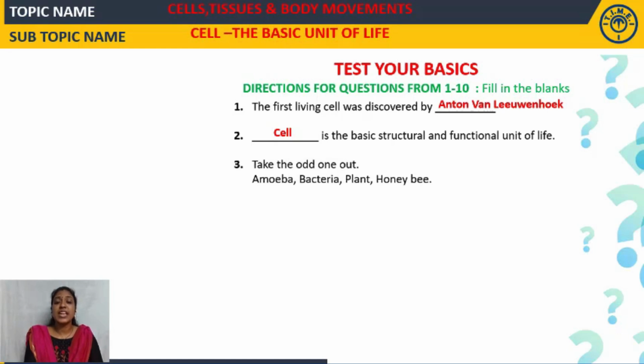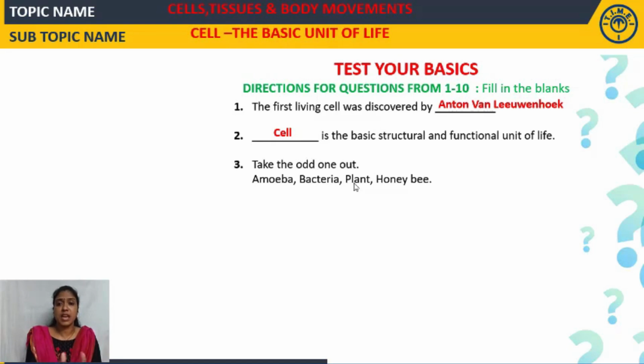The next question: take the odd one out. Amoeba, bacteria, plant, and honeybee. Check the peculiarity of each one. Amoeba is a unicellular organism, and bacteria is also unicellular. Plant is a multicellular organism.